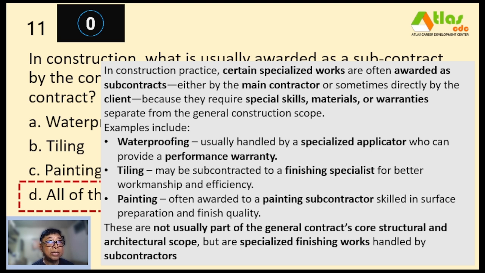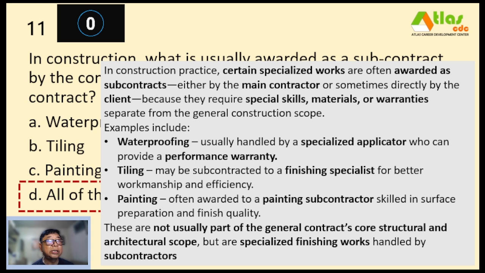Second is tiling, which may be subcontracted to a finishing specialist for better workmanship and efficiency. And painting is often awarded to a painting subcontractor skilled in surface preparation and finish quality. These are not usually part of the general contract's core structural and architectural scope, but are specialized finishing works handled by subcontractors.